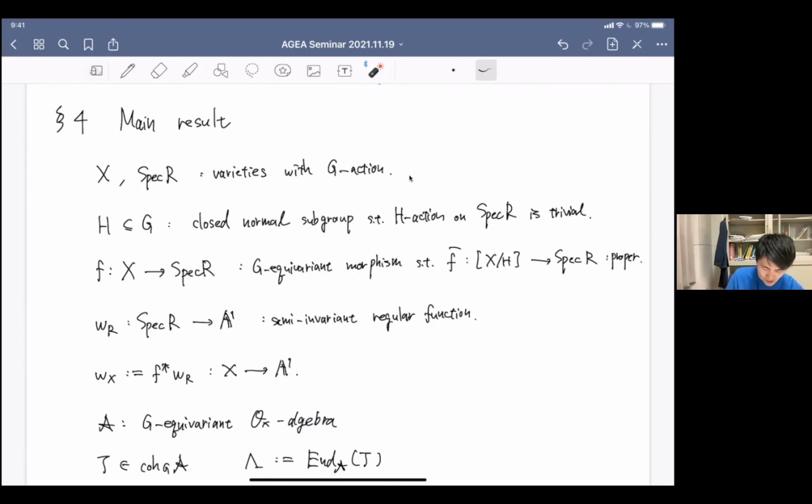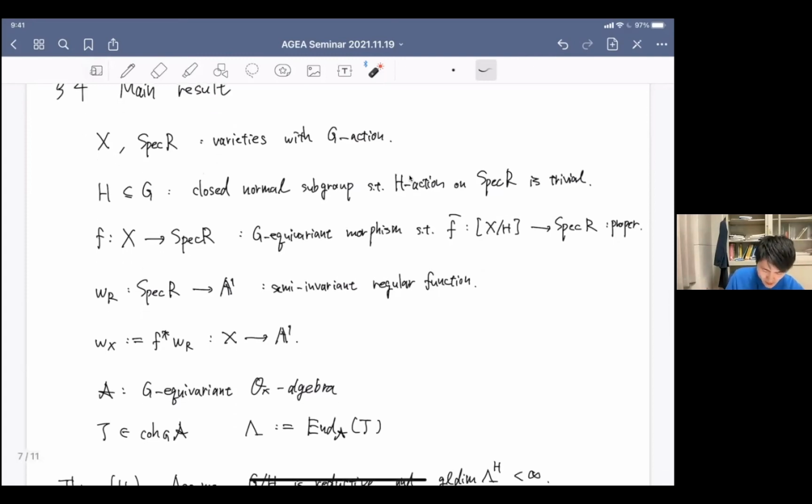This is also a semi-invariant regular function on X. And let A be a G-equivariant OX algebra, and let T be a G-equivariant coherent A-module, and write lambda for the endomorphism algebra of T.